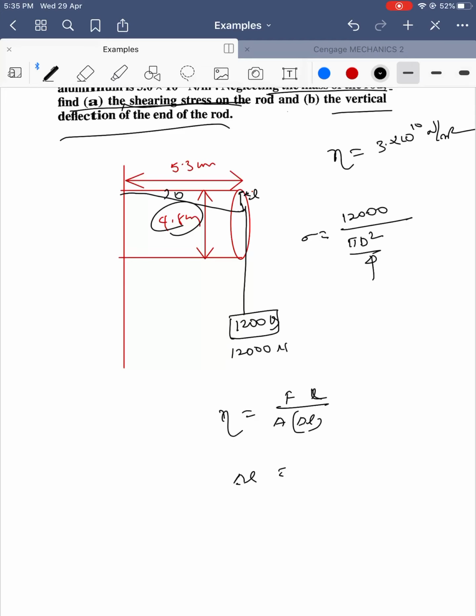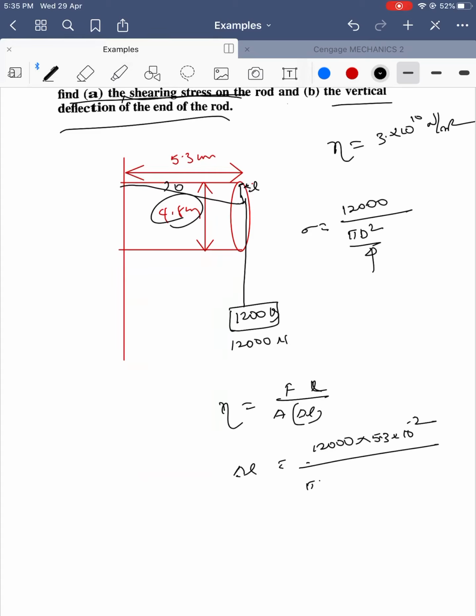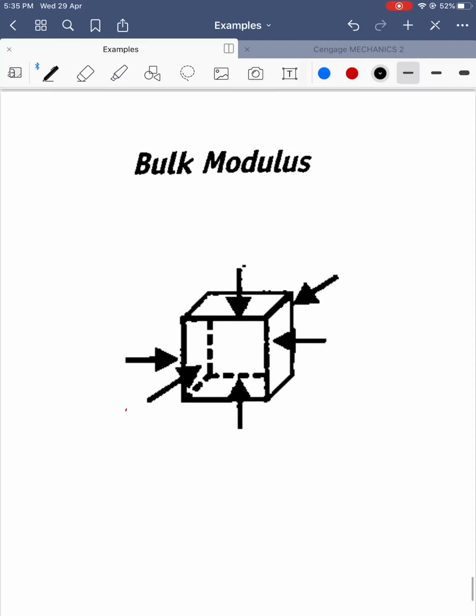Delta L is equal to stress 12,000 into length 5.3 into 10 power minus 2, over area, which I can convert into pi d square by 4, into 3 into 10 power 10. Simplify this and you will get the change in length. That's what he is asking.